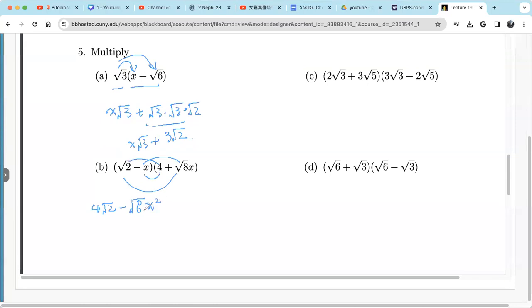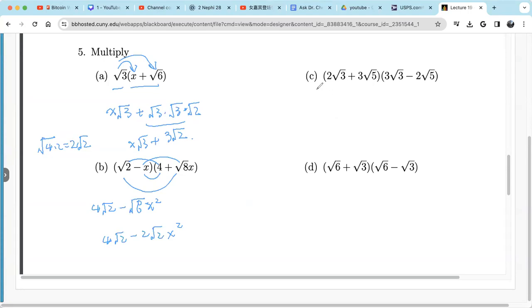Right? Now, what's square root of 8? Let's pull it on the side. Square root of 8 is square root of 4 times 2. Square root of 4 is 2. So 2 radical 2. So I have 4 radical 2 minus 2 radical 2 x squared. Can leave it like that.